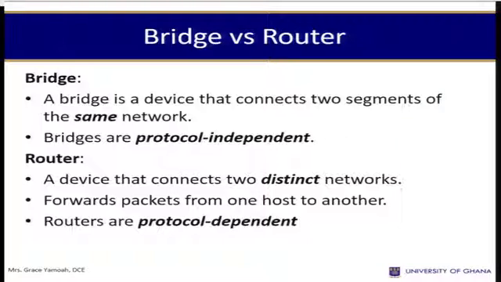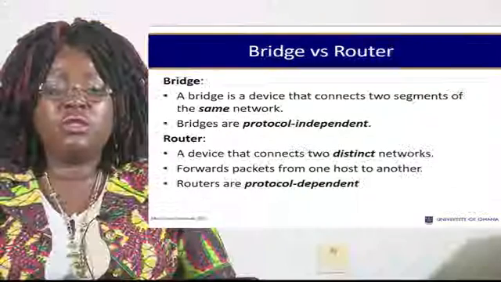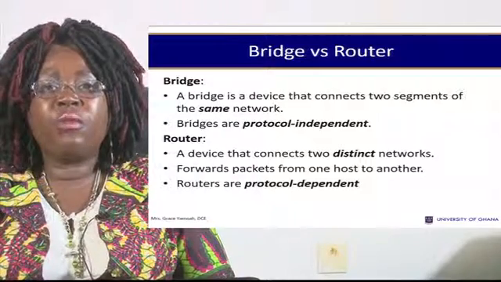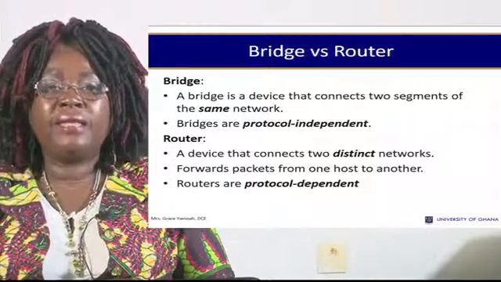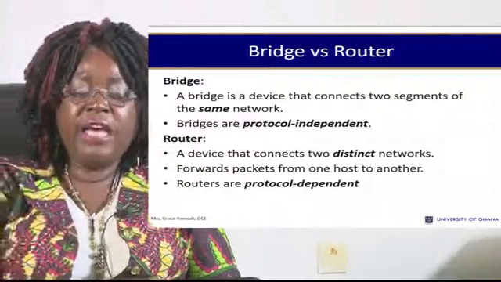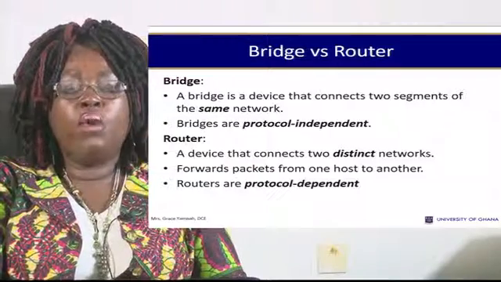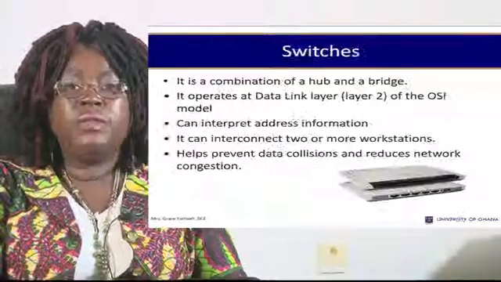So a router is a device that connects two distinct networks. It forwards packets from one host to another. And routers are protocol dependent. Everything that happens, they depend on the instructions or the protocols concerned.